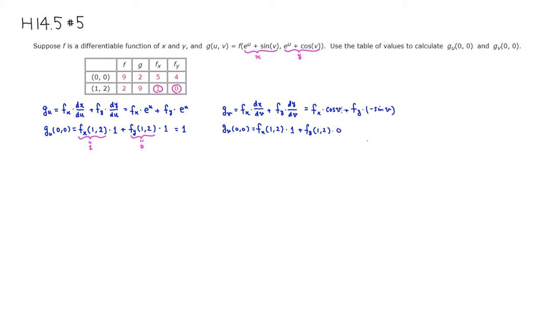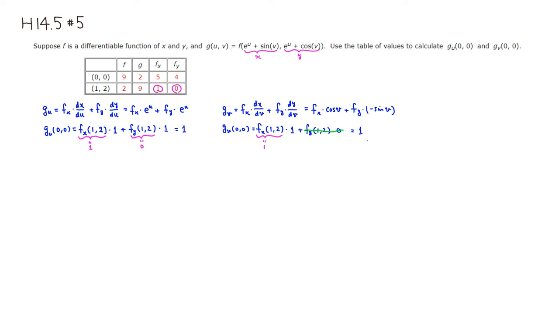So the second term drops out because it's multiplied by 0, and we know that the partial derivative of f with respect to x is equal to 1, which is given here. So the answer is again 1 times 1, which is 1.